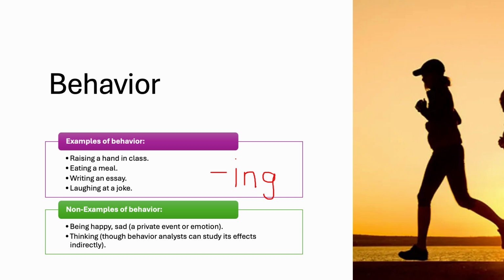Thinking is, like I said, a form of behavior, but we as behavior analysts, in most cases, tend to focus on studying the effects indirectly, and we focus on those observable behaviors that are related to thinking. So I just want to clarify that, because I did include it here, but I did mention earlier that thinking, according to the radical behaviorist, is a form of behavior.